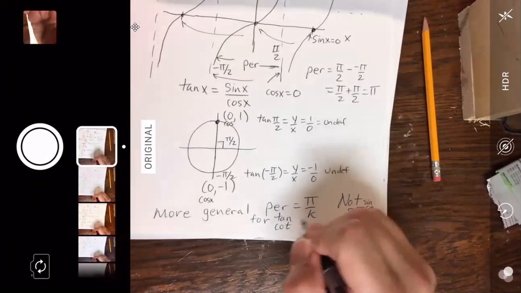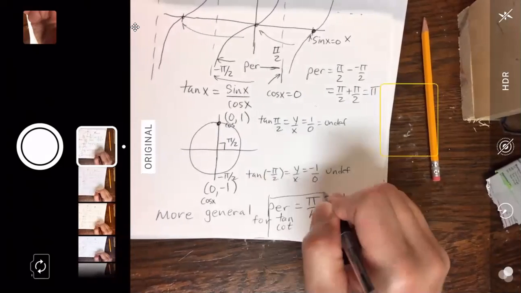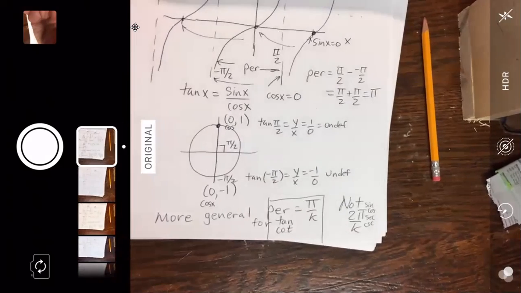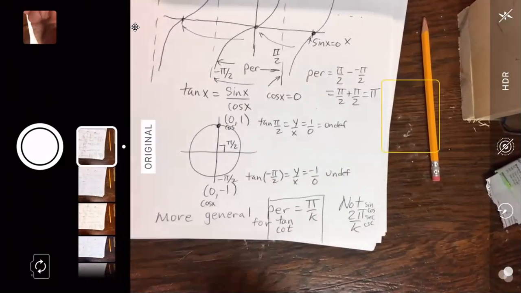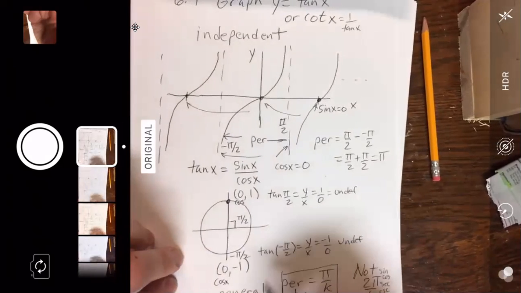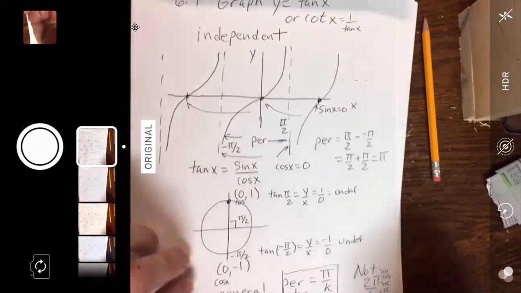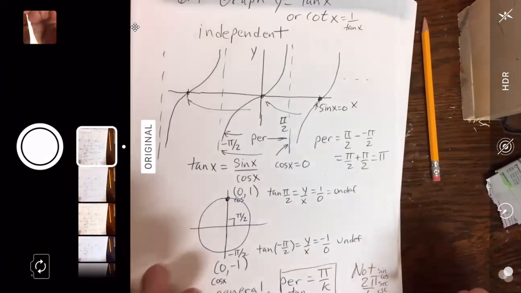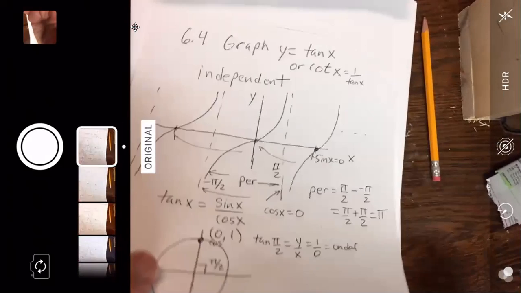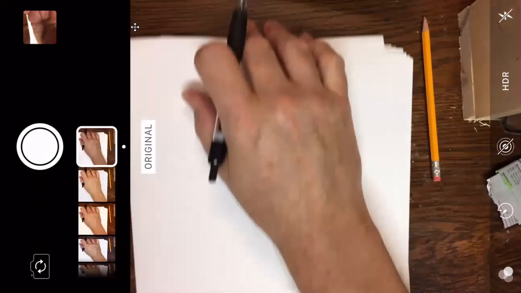Period is pi over k for tangent and cotangent. That's the biggest difference. They repeat every pi, not every 2 pi. In other words, they repeat every halfway around the circle, whereas sine, cosine, secant, cosecant repeat once around the circle. If you keep that in mind, this is really not hard.